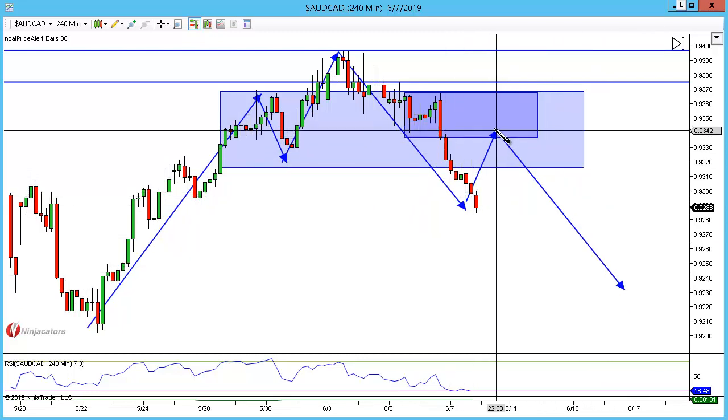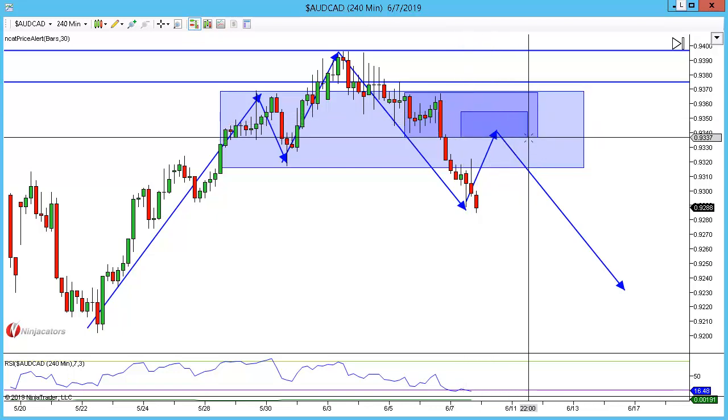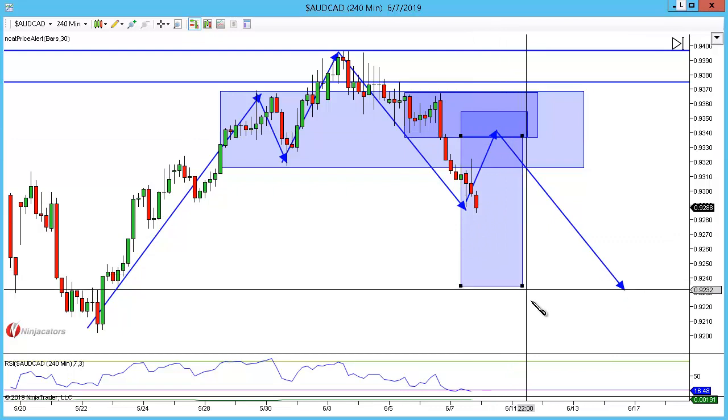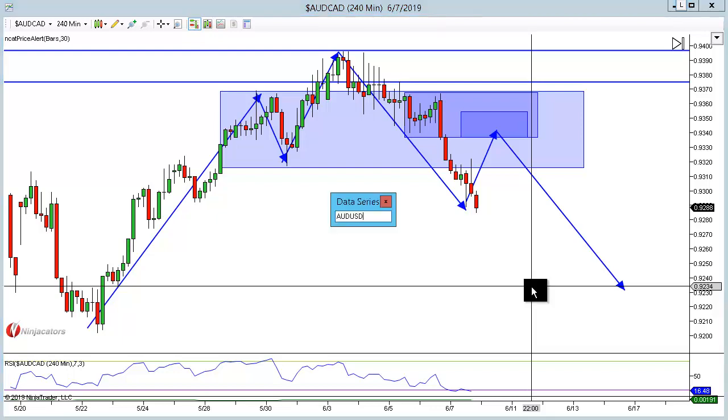And depending what your entry is here, I mean, if you was to get a double top just here, you could have this much risk and this much reward. So it's going to work out to be a very nice trading opportunity with a low amount of risk if we get that retracement, and obviously depending what our entry is going to be.